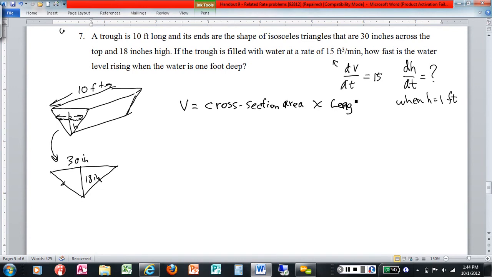When you have a shape that goes the same through the whole shape, if you find this cross-sectional area and multiply it by your length, that'll always give you the volume of that thing. Okay. All right, well, in this case, the cross-section is a triangle. So what do you know about the area of a triangle? 1/2 base times height?